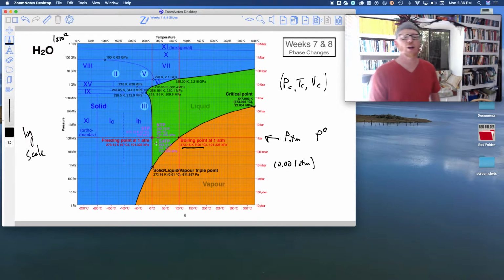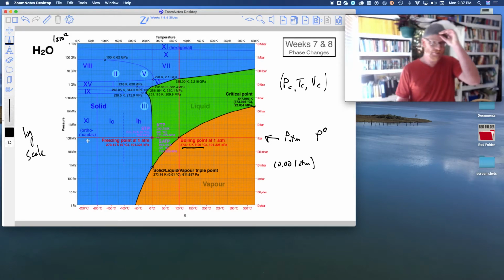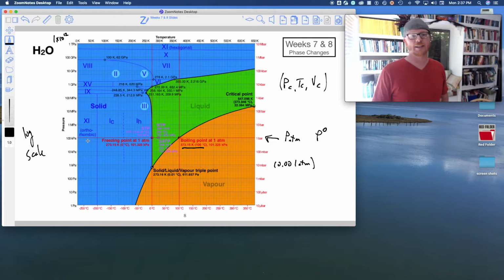And now what you notice going on here for water, there is a whole complicated mess of different solid structures. We're normally used to seeing this Ih, that's I-hexagonal. It's got a hexagonal lattice, okay? But it can also have a cubic lattice, that's what that Ic means. It can have an orthorhombic lattice. And if you remember all of those things from George's class, then maybe that's somewhat familiar, okay?